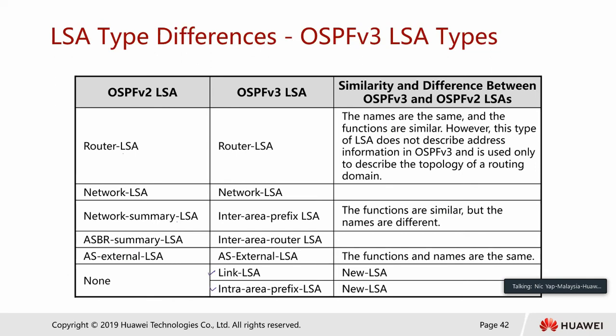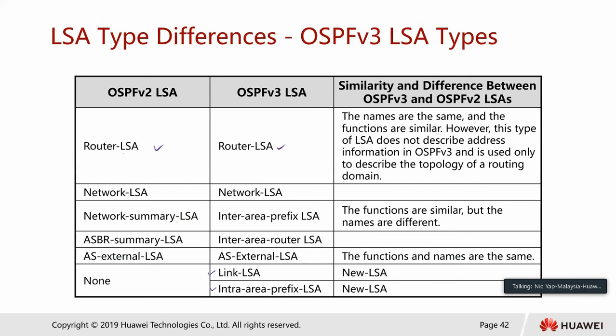Under OSPF v3, the router LSA has the same name and a similar function. However, this type of LSA does not describe the address information in OSPF v3 and only describes the topology of the routing domain. You still remember that in OSPF v2, the router LSA gave you the topology and also the IP route information.